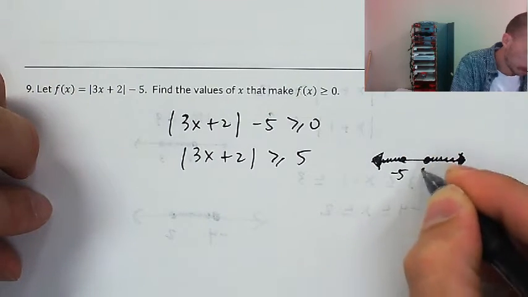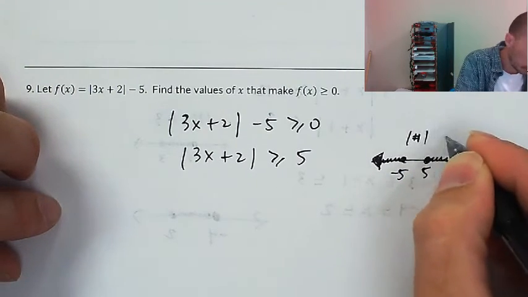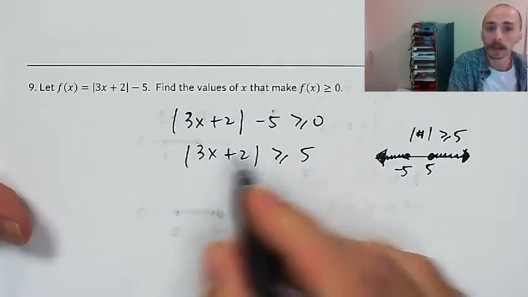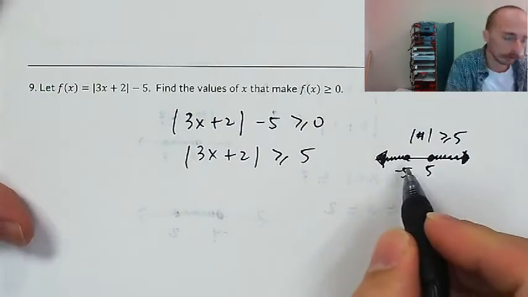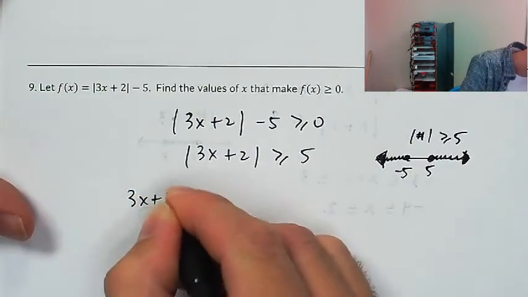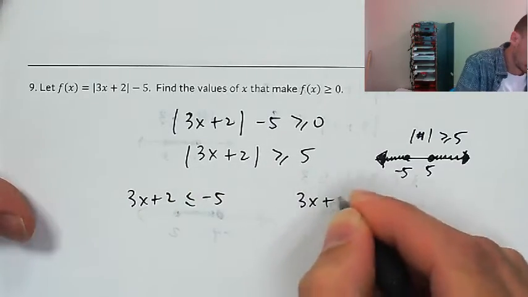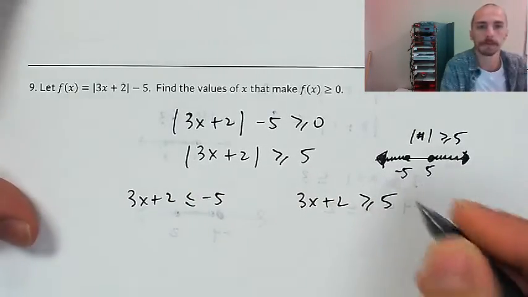The absolute value of a number is greater than or equal to 5. So this 3x plus 2 could be less than or equal to negative 5, or 3x plus 2 could be greater than or equal to 5.